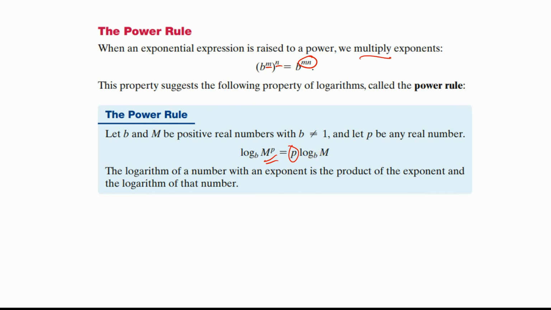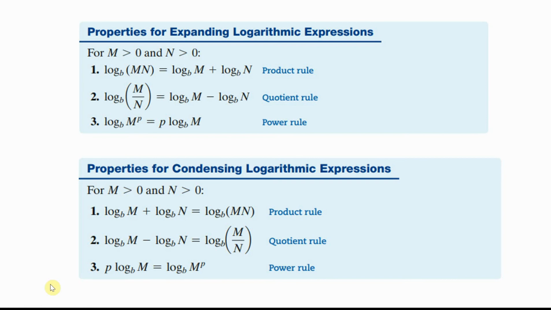So that's the idea there. And so 1, 2, and 3, we just got through stating. Then they take these same properties and just read them from this side to that side, and so you have these statements here.